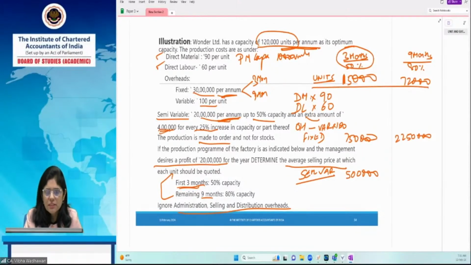The 20 lakh applies only when the entire year's capacity is 50%, but the capacity is 50% for only 3 months. So out of 20 lakh, only 5 lakh is semi-variable for 3 months. Clear? I hope you have understood.